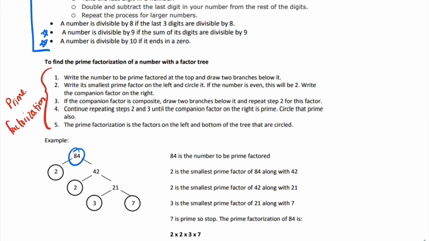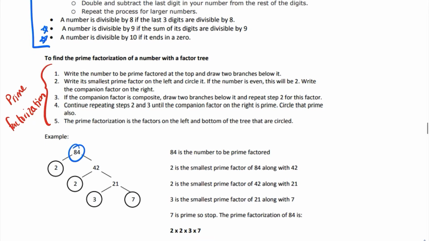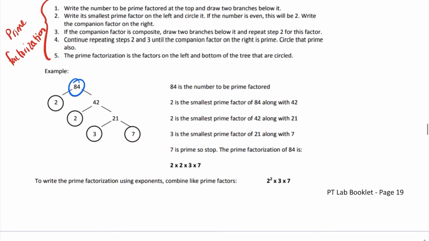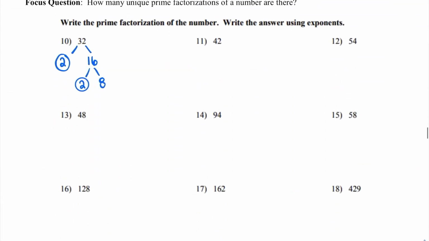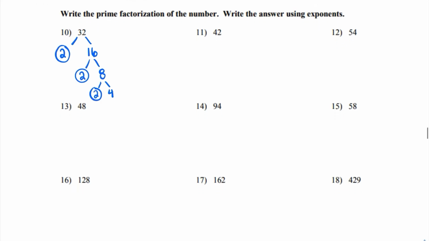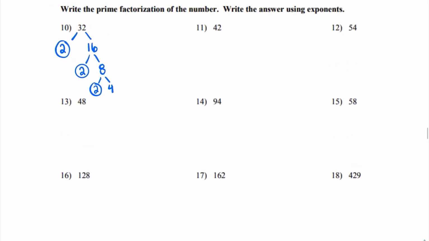Now, going back up to my to-do list, it says in step 4, continue repeating steps 2 and 3 until the companion factor on the right is prime. Circle that prime number also. So let's keep going. 8 is composite. 8 is even, so I'm going to draw 2 branches again. 2 is the smallest prime number that goes into 8, and 2 times 4 gives me 8.